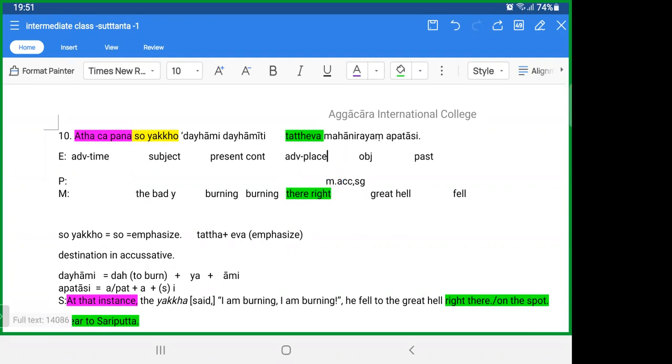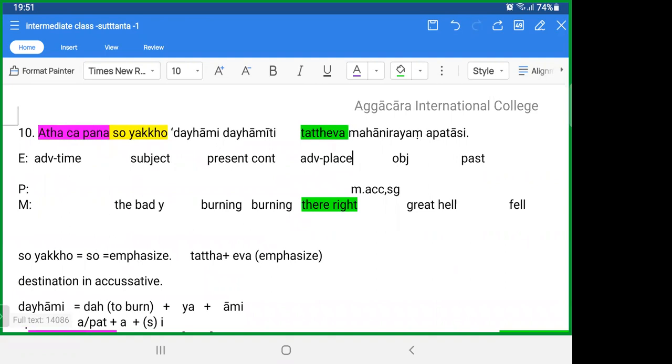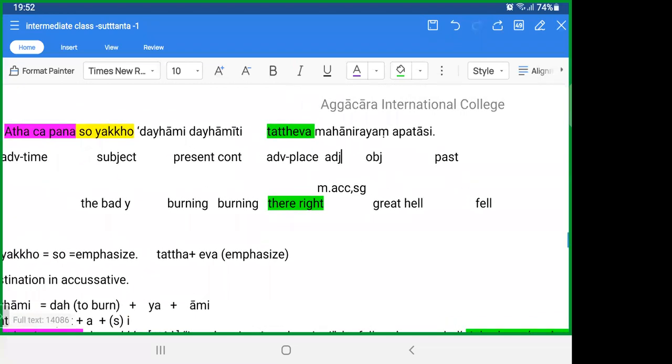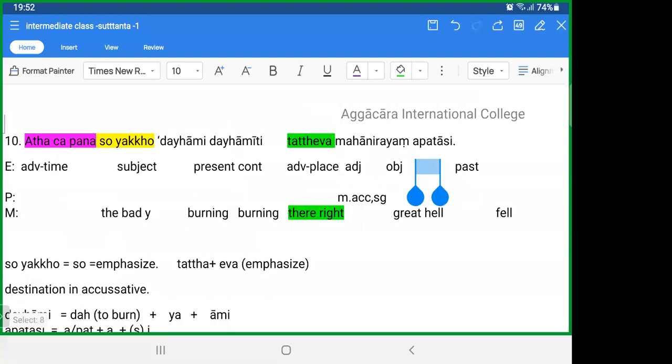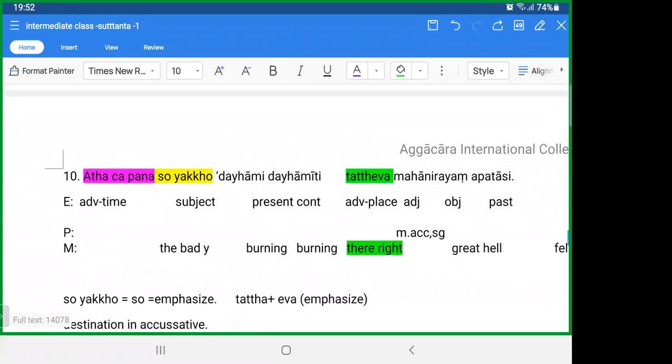Do you have an adjective here? Where's the adjective? Mahanirayam. Okay, so that's an adjective. Where's the next adjective?